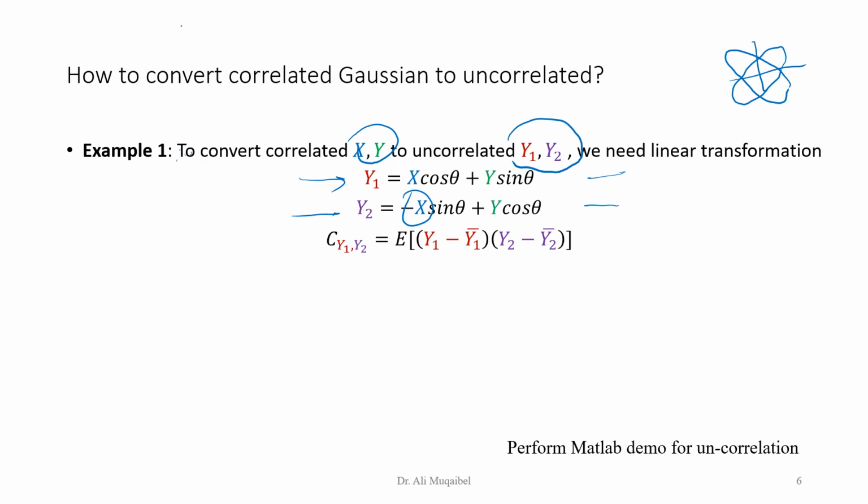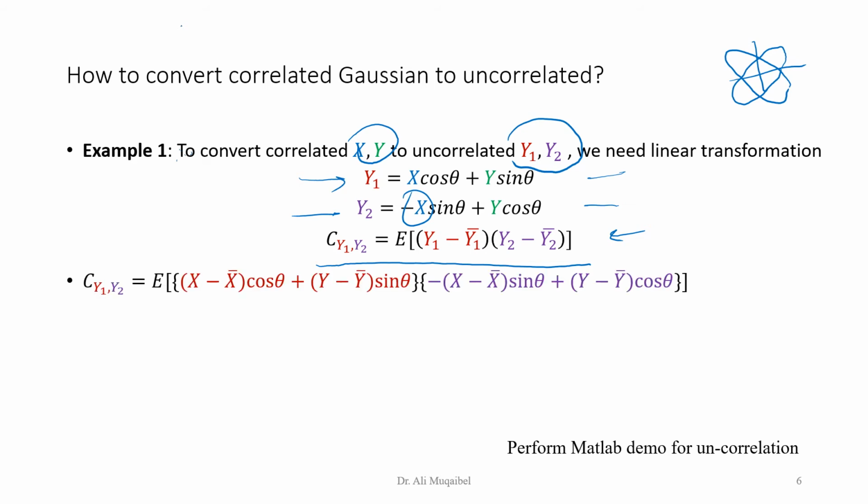So let's calculate the covariance between y1 and y2. By definition, the covariance equals the expected value of the multiplication of the variables minus their means. So if we open the bracket here and substitute, I'm keeping the colors so you can trace. The red part of the curve is substituted here.